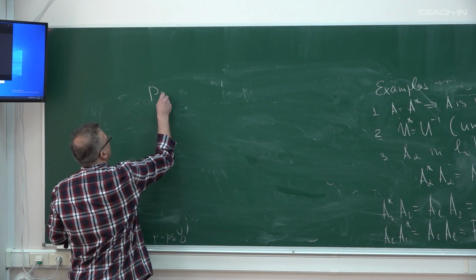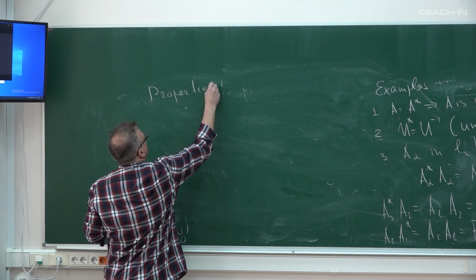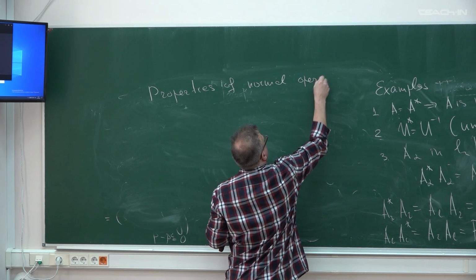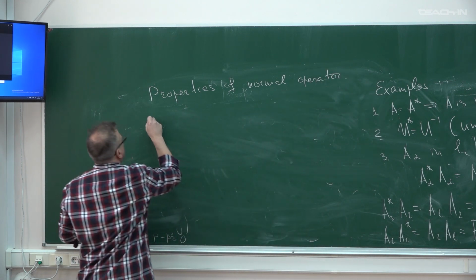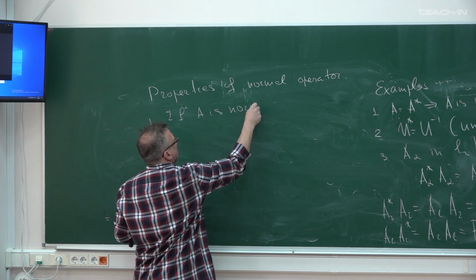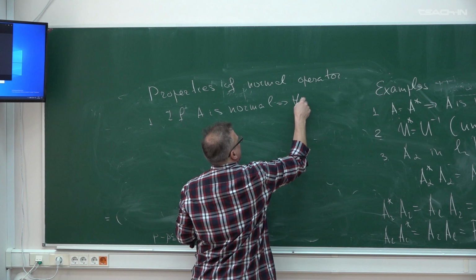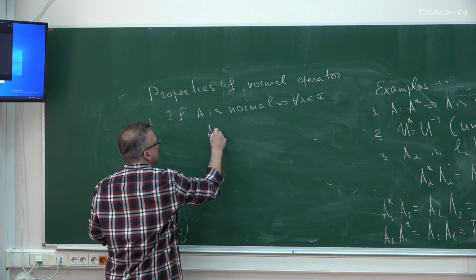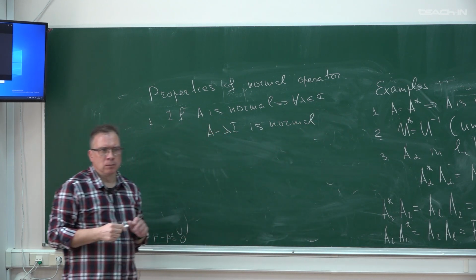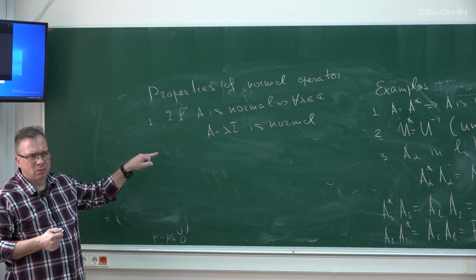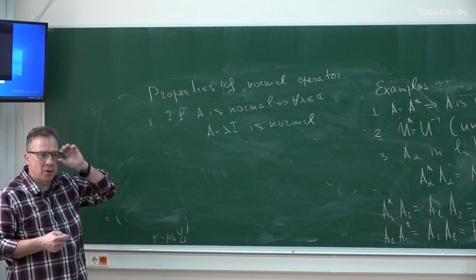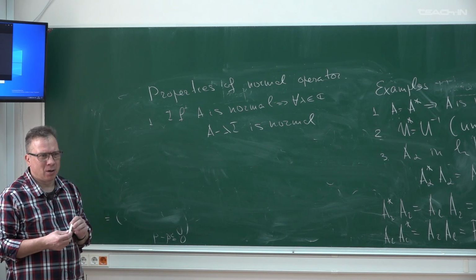So, properties of normal operators. Is it clear? A shift by a scalar operator preserves normality.